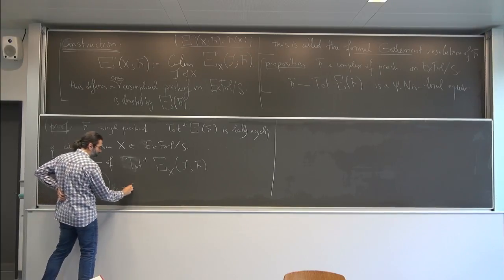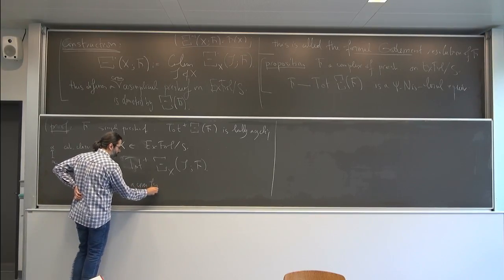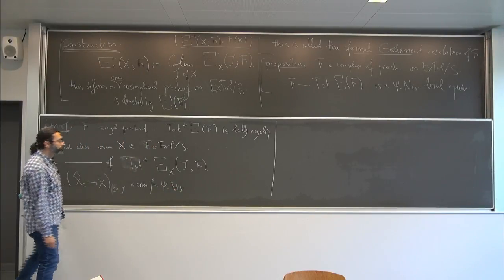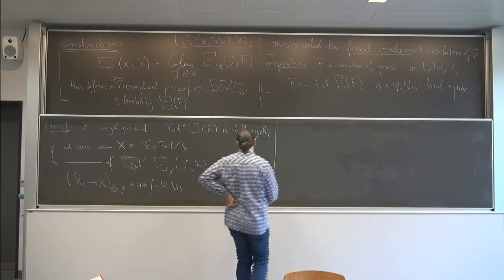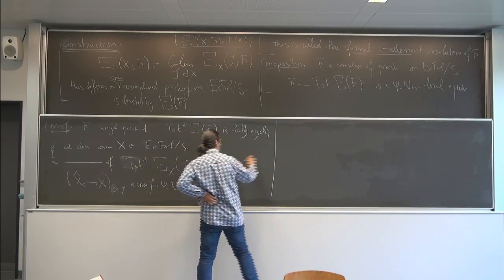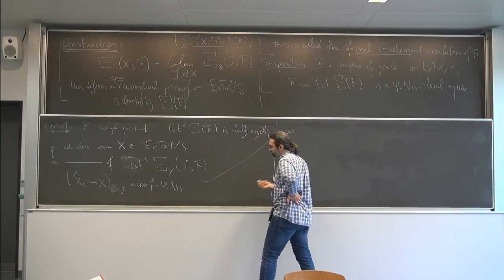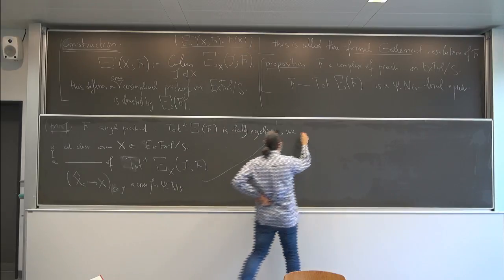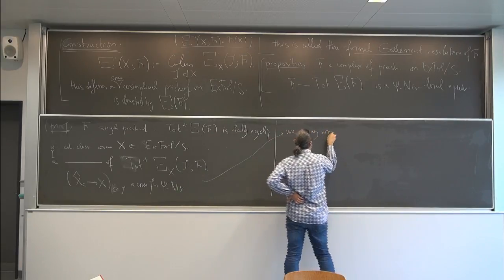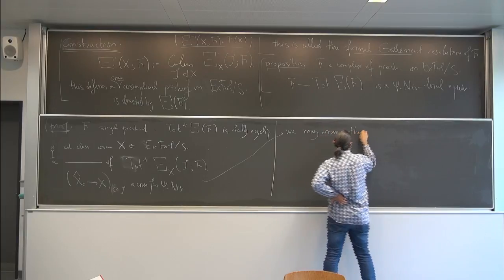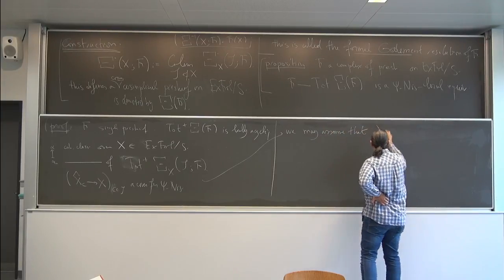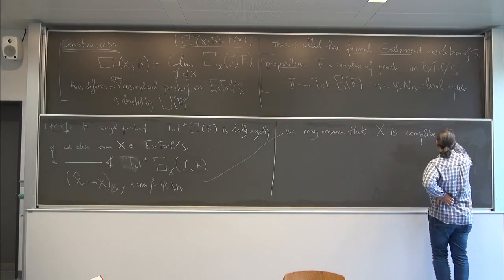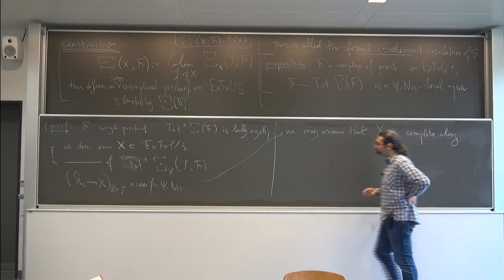So this forms a cover for the Zariski-Nisnevich topology. And so this means that we can replace x by one of these, and we may assume that x is complete along the closed stratum.